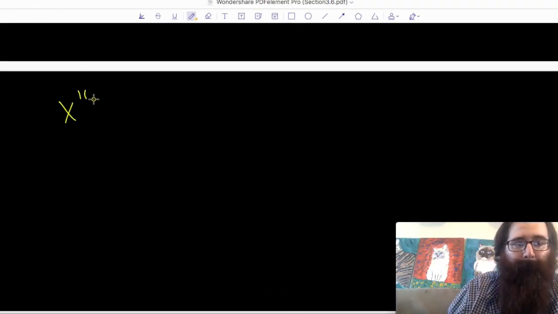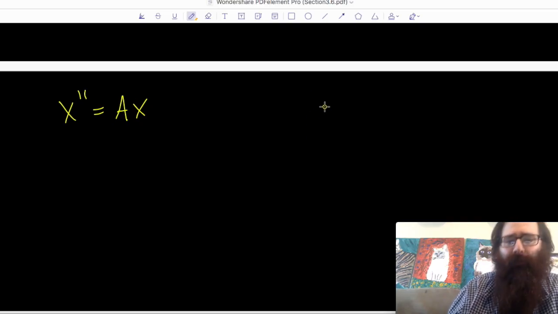Well, the idea is that we have our second order system x double prime equals Ax. And just imagine, forget about whatever notation we said earlier, just imagine that x is of the form, and let's go very basic here, e to the alpha t.